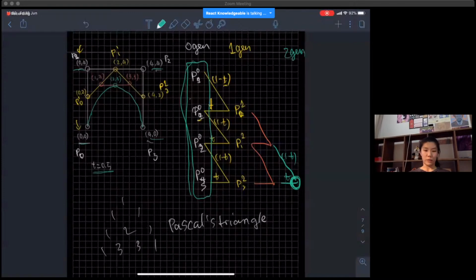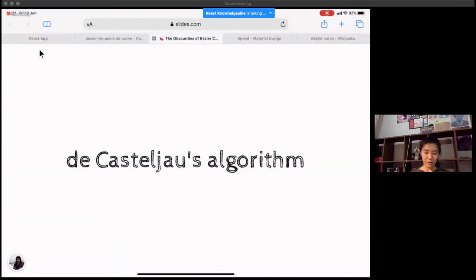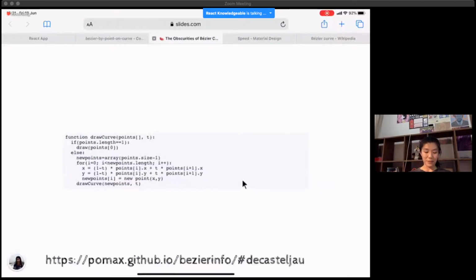Okay. So this is the de Casteljau algorithm and the triangular scheme, I think. All right. And so I hope that helps us understand the pseudocode a bit easier.